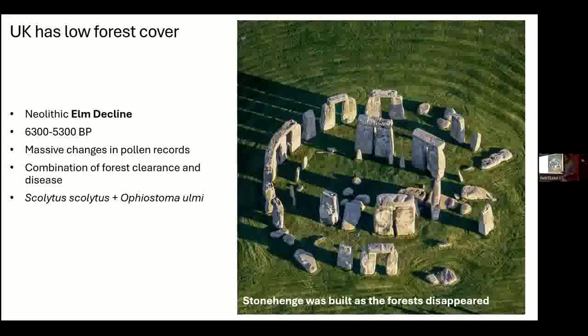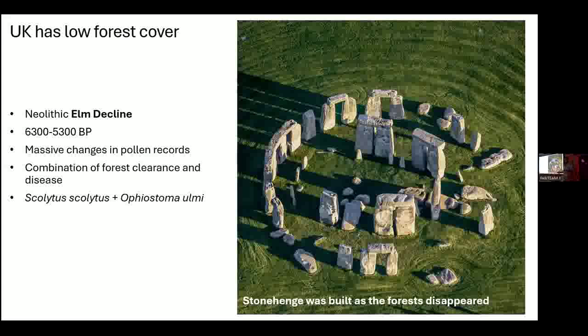So the UK, I don't know if you've ever been there, it's pretty treeless, really. In the Neolithic period, between 6,000 and 5,000 years before present, the pollen record indicates a massive change in the vegetation.